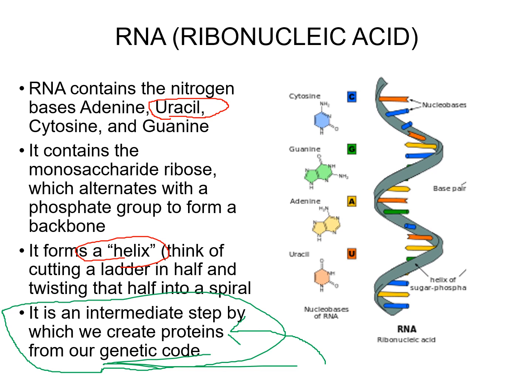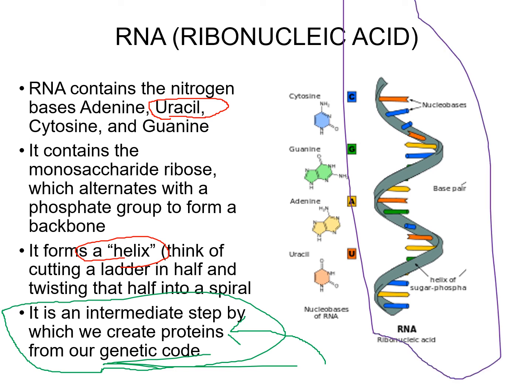Where does the tryptophan go? Does it go at the front of the line, or the end, or the middle? And what tells us is the RNA. The RNA is a code that tells us the order of our amino acids. And once again, the order of the amino acids is going to make different shapes. If you mix up the order, you're going to have a different shape. If you have a different shape, you have a different function.